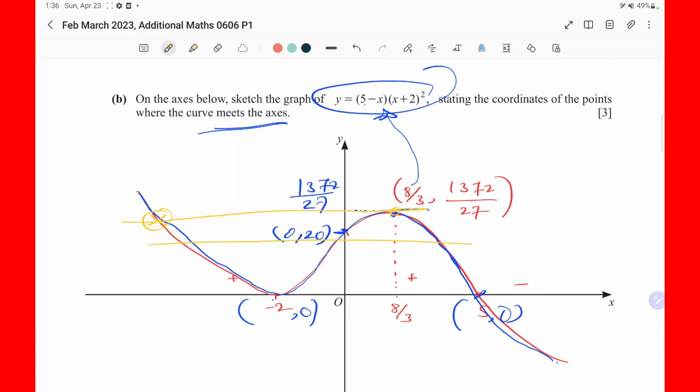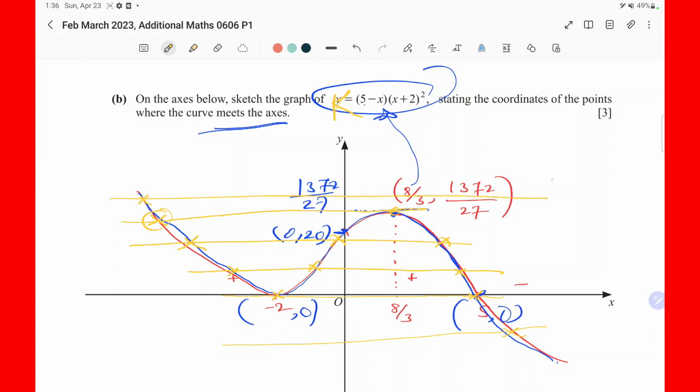If you draw y equals k over here, then 1, 2 and 3, 3 solutions. If you draw a line like here, then here also 1 and 2 solutions. But here if you draw, then only one solution. And here if you draw, then only one solution.